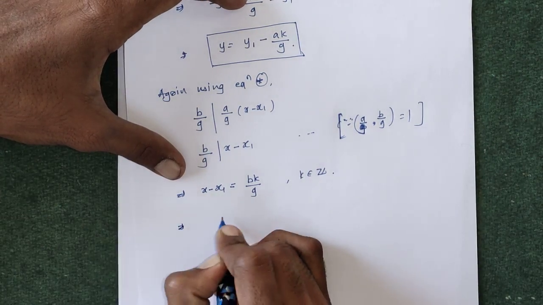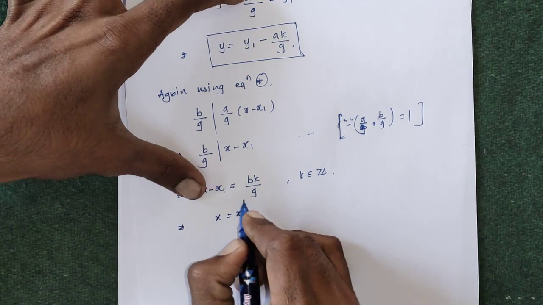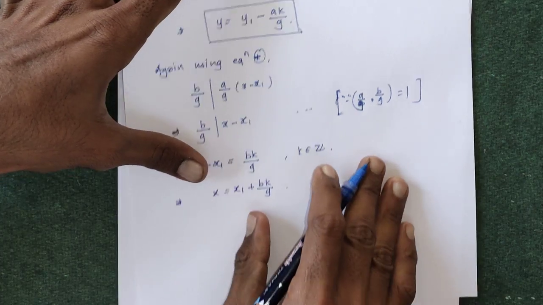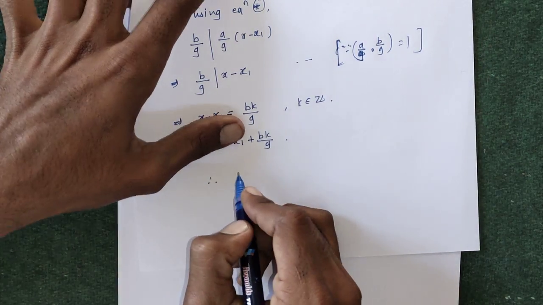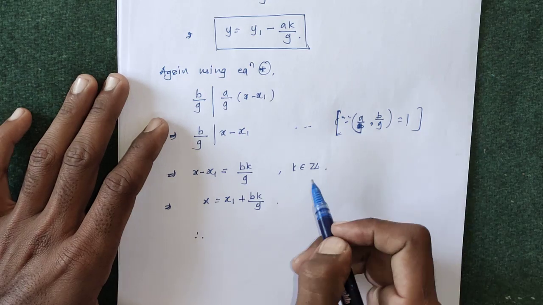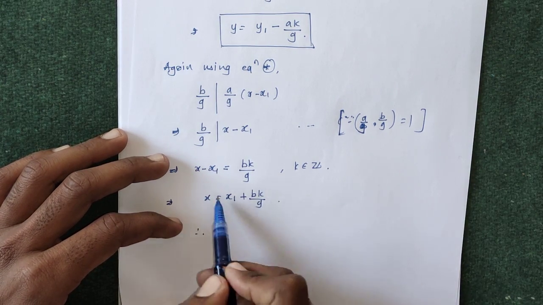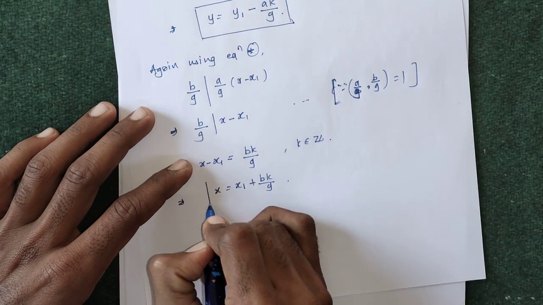Just rearranging this, we get x is equal to x1 plus bk upon g. Therefore, for all the solutions of ax plus by is equal to c, we have x of this form and y again of this form.